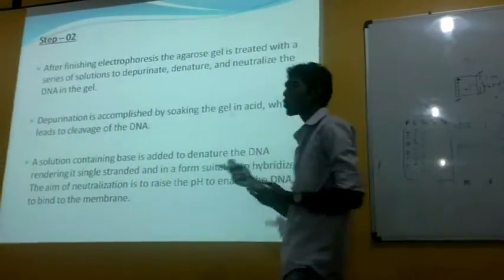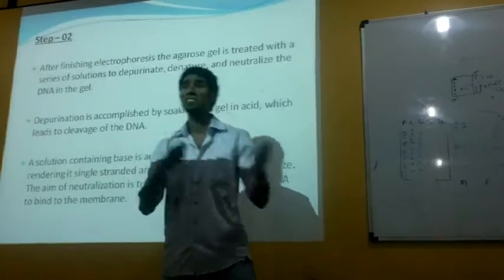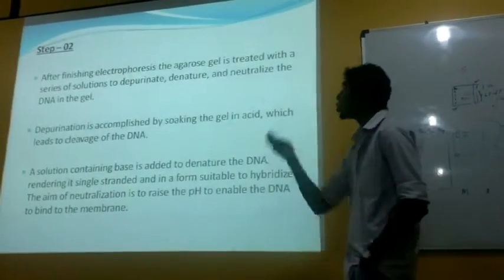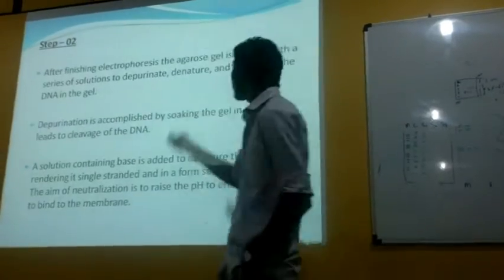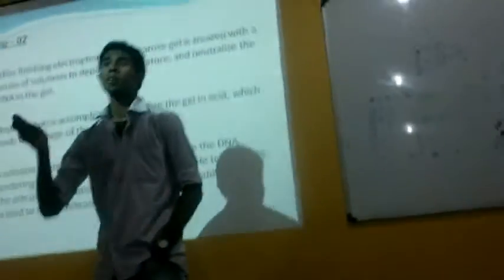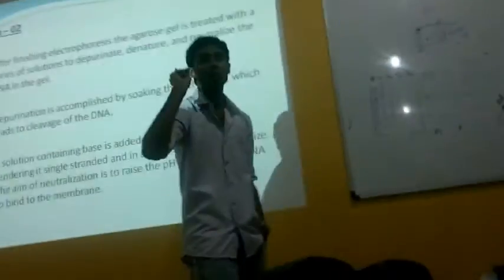DNA could be denatured in two forms, in an acidic phase and also an alkaline phase. The alkaline phase is more stable, so we do an alkaline denaturation here. After that, you have to do a neutralization process, because these DNA molecules will not bind onto the nitrocellulose layer if the pH is greater than 9.